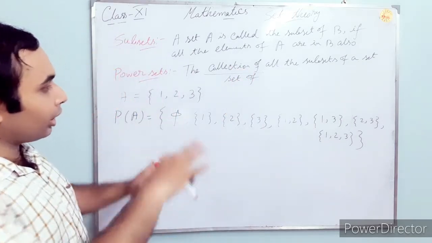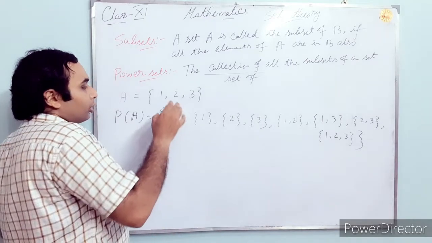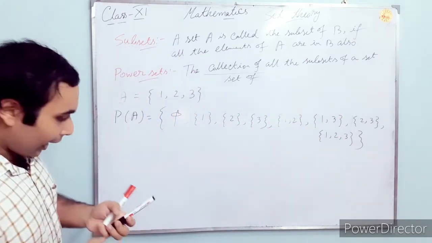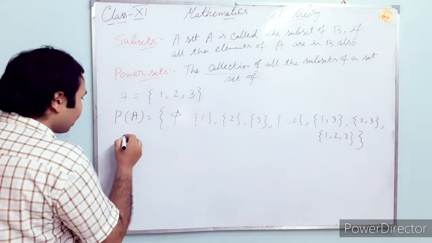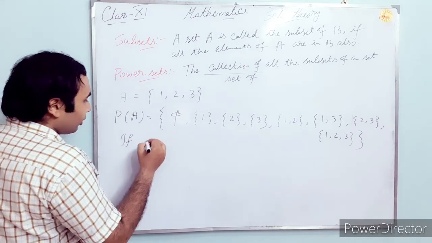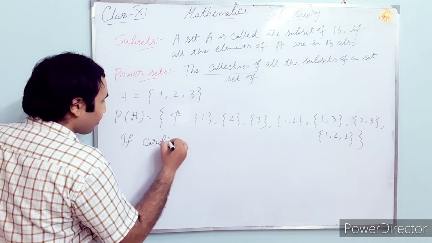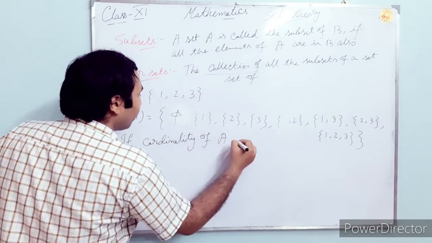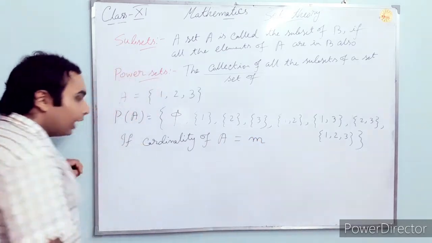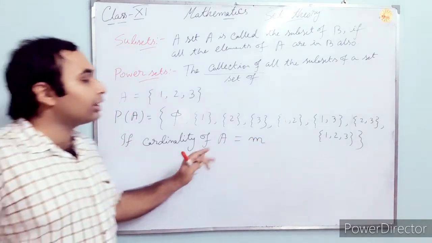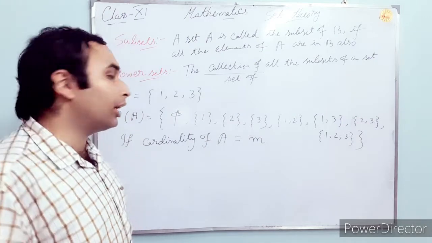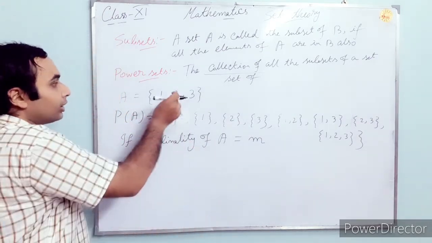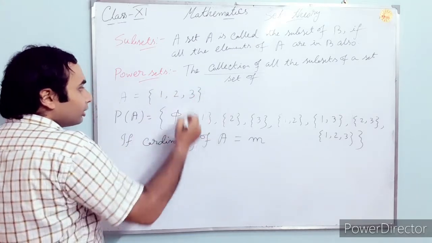There is a rule. I will write the rules here. So this is the power set of this set A. Actually, if the cardinality of A is M, that means cardinality means the number of elements in a finite set is called the cardinality. That means here this cardinality is 3.